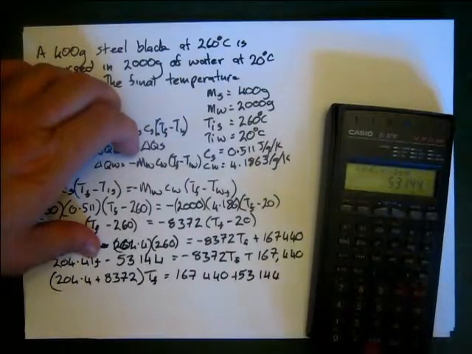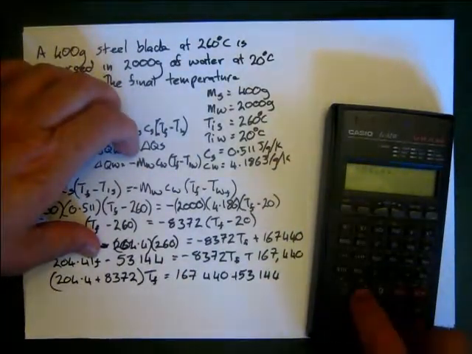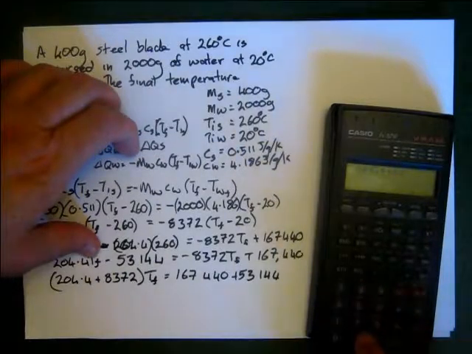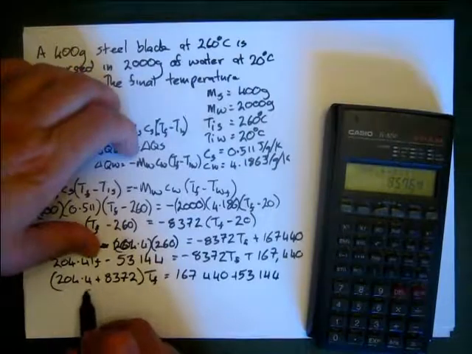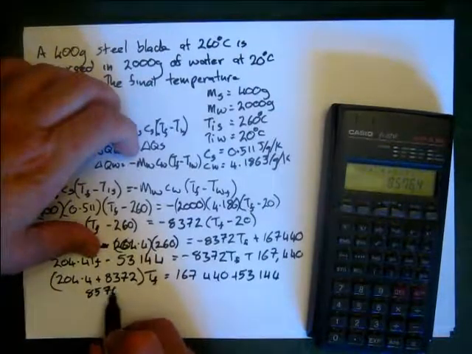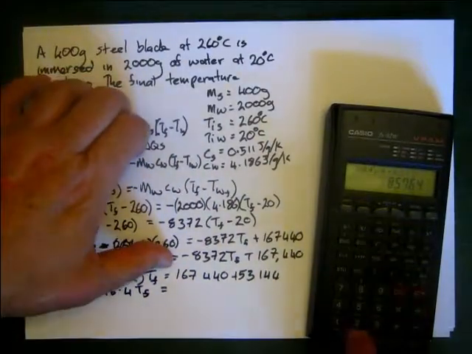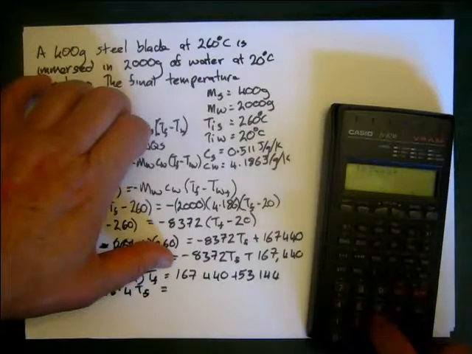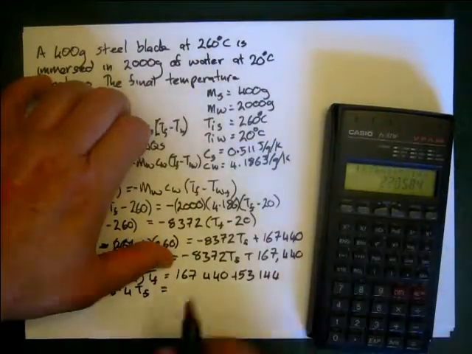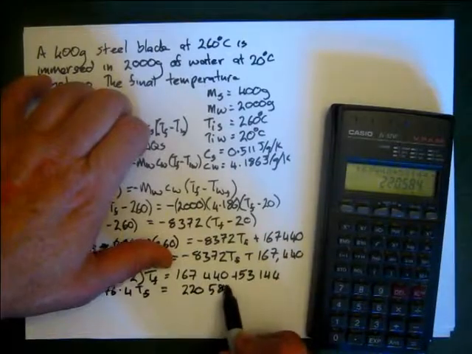So we end up with 204.4 plus 8372 equals 8576.4 TF equals 167,440 plus 53,144, which is 220,584.